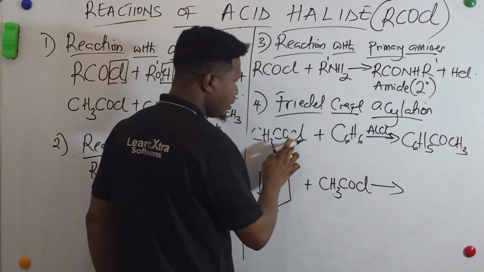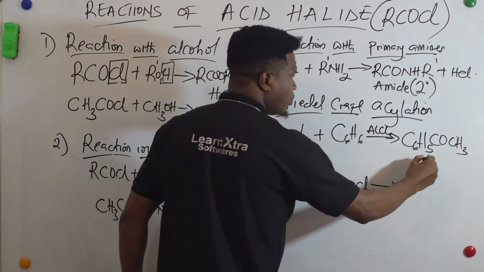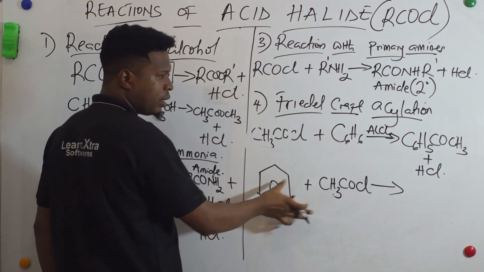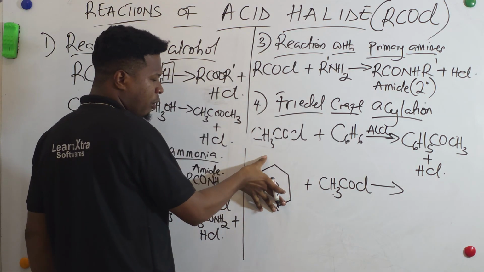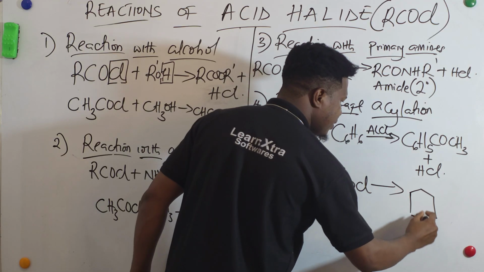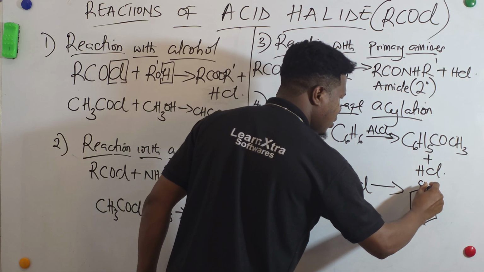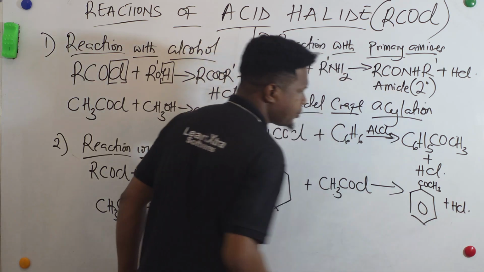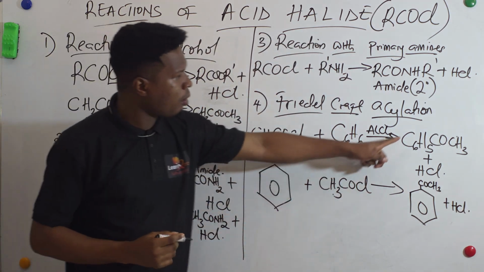Then the chlorine will combine with that hydrogen to give you HCl. Now, if it's taking place in this form, this acyl group will still be on top of this benzene. So you're going to have something like this, COCH3 plus HCl. These two compounds are the same.